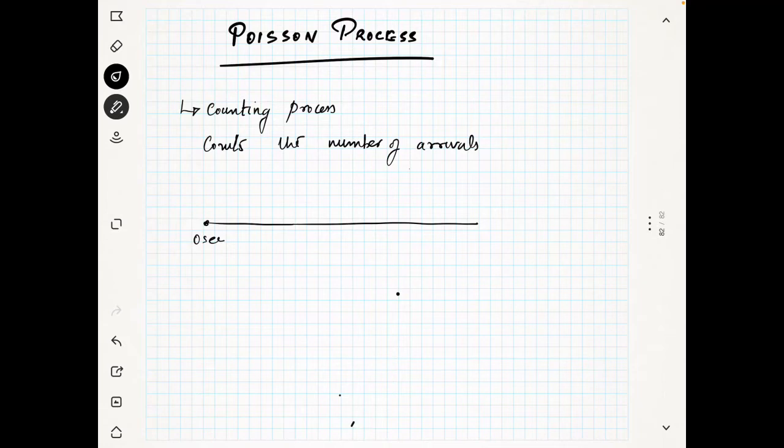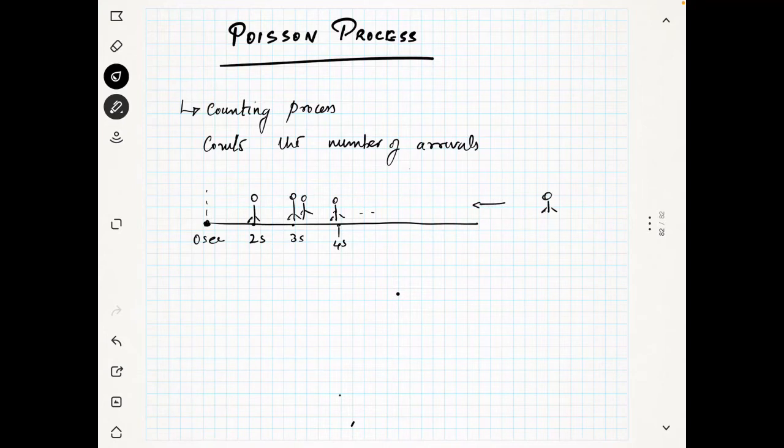Suppose nobody was there in the queue. After 2 seconds, one guy came, so he is in the queue now. At the third second, maybe two people came. At the fourth second, maybe one more guy came, like this.